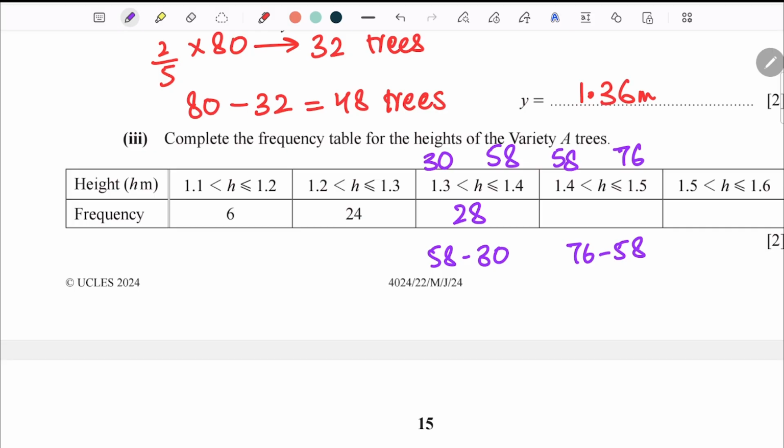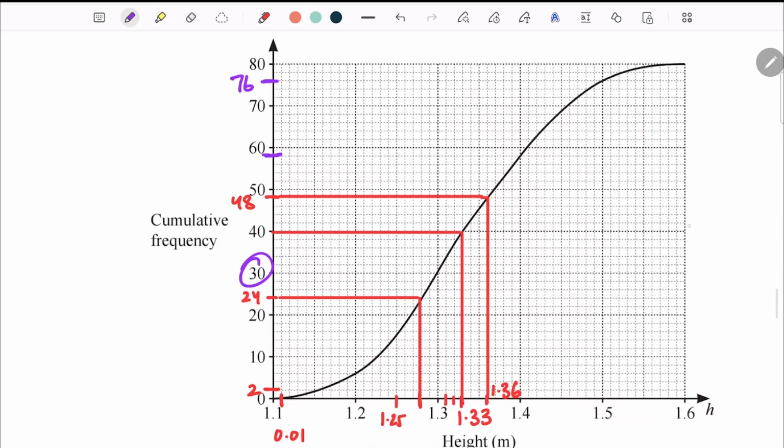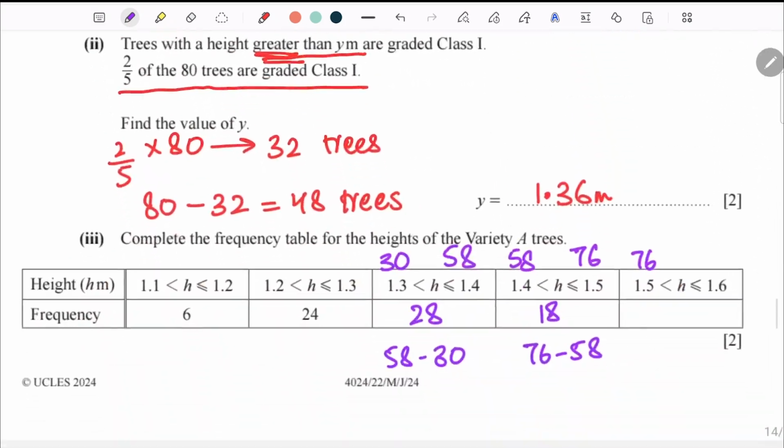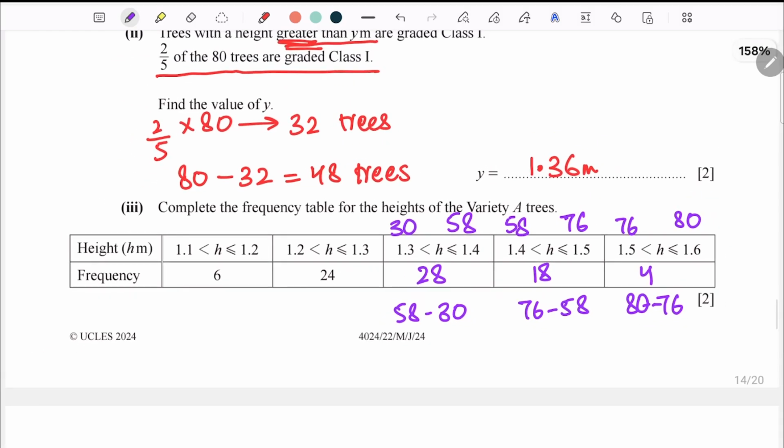We'll be getting 18. Then 1.5 is 76. 1.6 is 80. So 80 minus 76 is equal to 4. So the completed table is 28, 18 and 4.